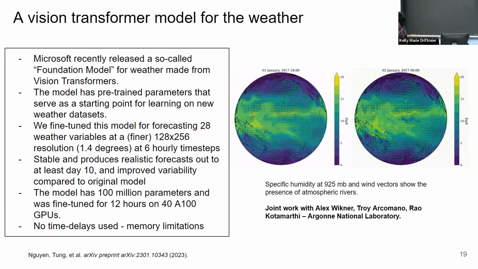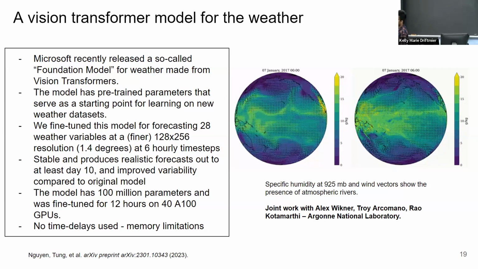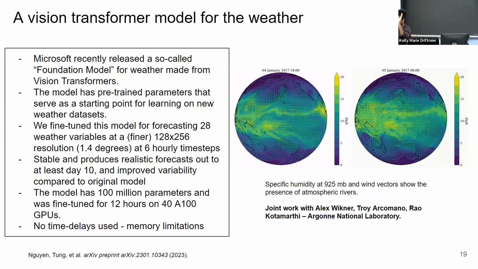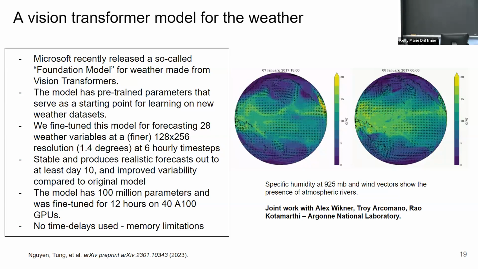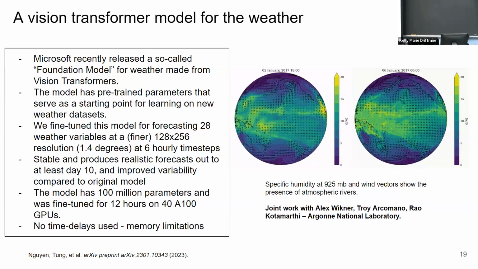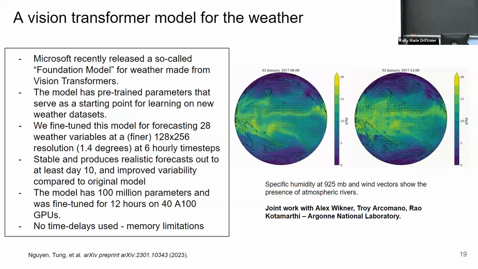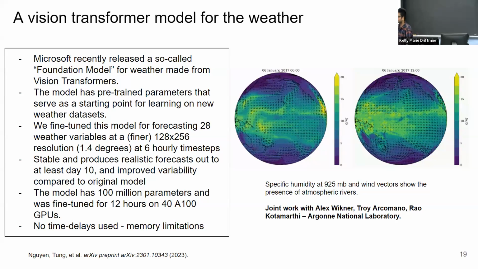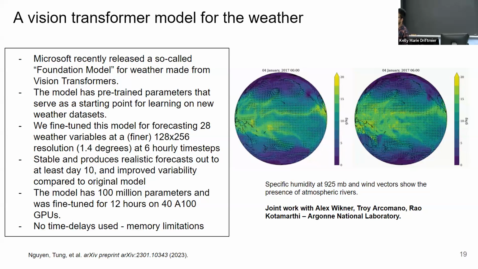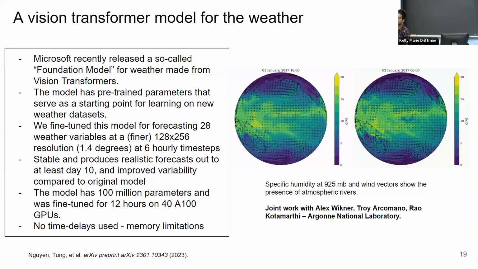Of course, if you keep running our model into the future, it diverges, right? This is a problem with weather models in general, which you can't trust them. But you see, just to fine tune this data, we required 12 hours on 40 A100s. So it may sound like a cool dynamical systems research problem, but it was actually an engineering research problem, a software and hardware engineering research problem.